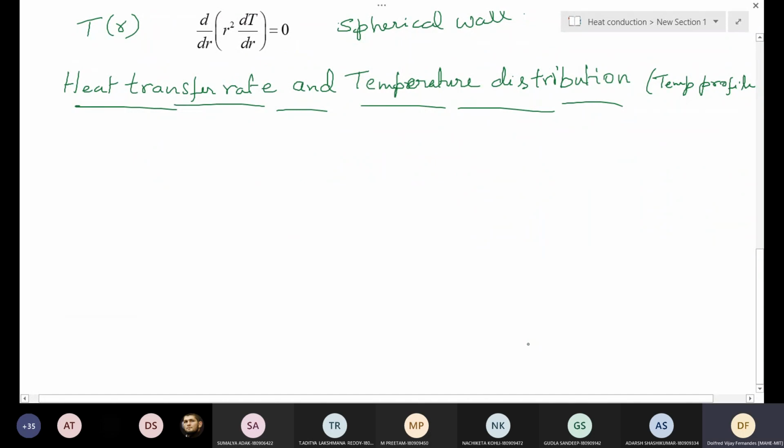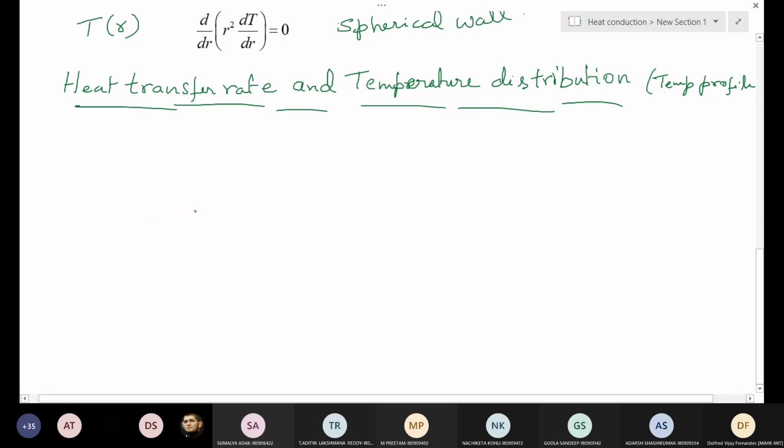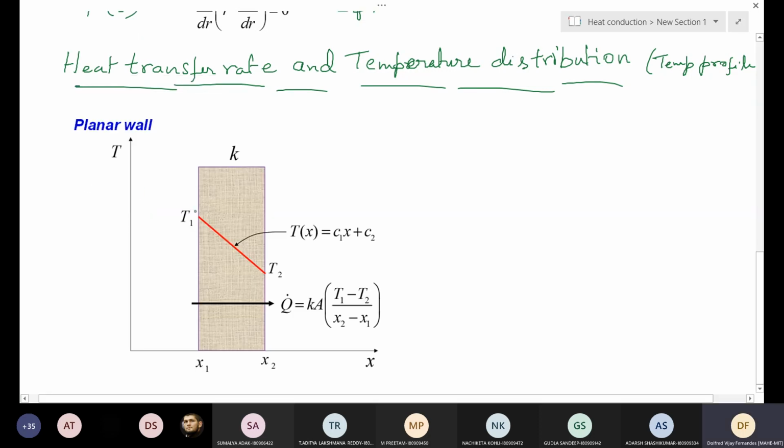So first we will take up the planar wall. We have already seen this in the derivation of Fourier law of heat conduction.